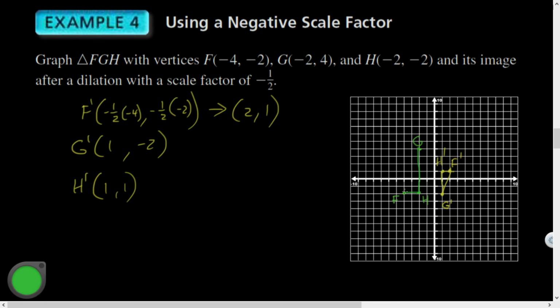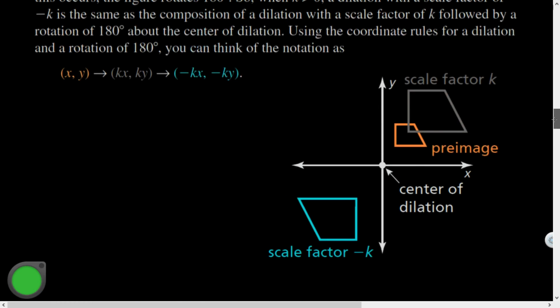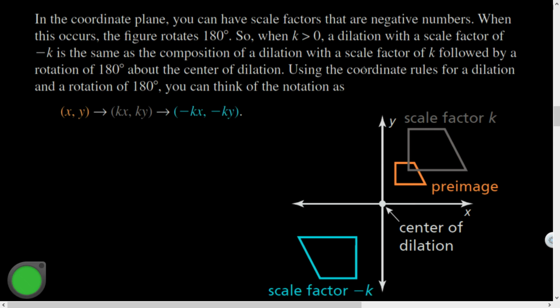And you can see that it's kind of like a 180-degree rotation if I was to scale down and then rotate. Question. It equated this to scaling it by a factor of k followed by a rotation. If I rotated and then scale factored, do you think I would have ended up with the same thing?